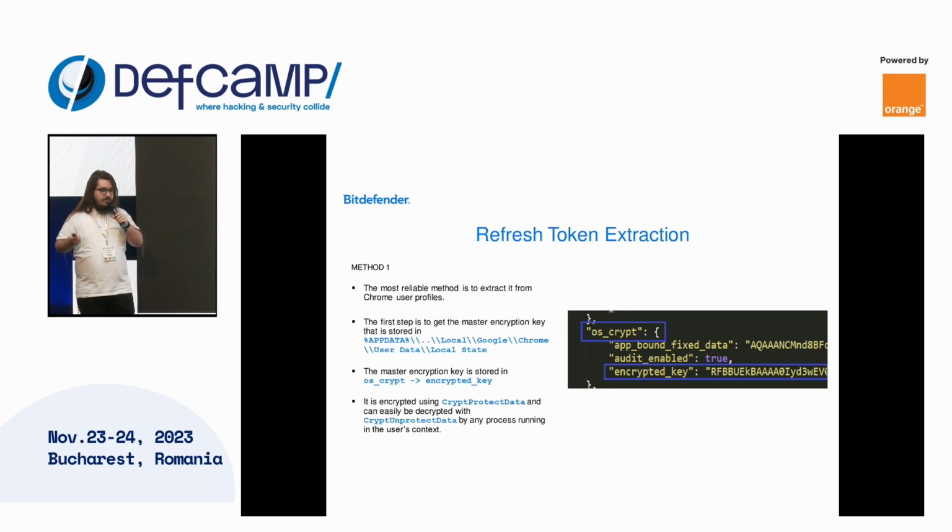Firstly, an attacker will need to retrieve that key, which is quite simple. They just need to read and parse a JSON file, and then decrypt it using CryptUnprotectData. And essentially, this step can be done without gaining any elevated privileges, just from the regular user context.